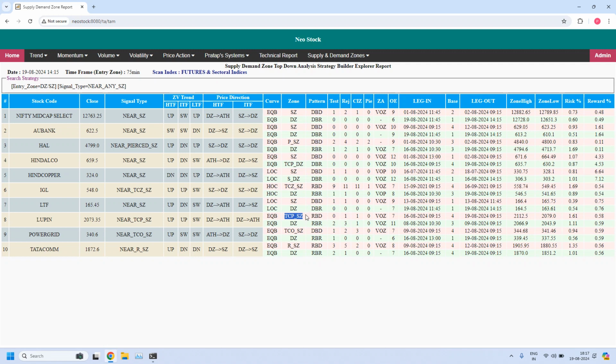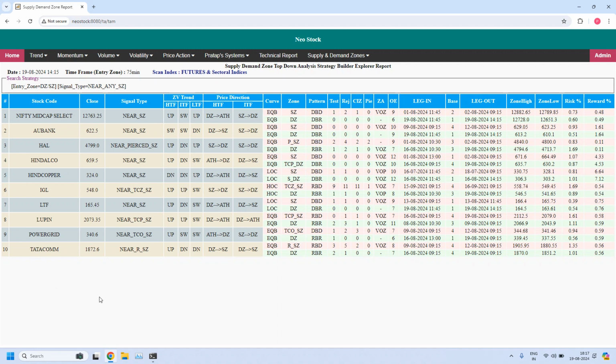So you need to look for a fresh fine-tuned 5-minute zone. Next you have one more, Tata Communication is there. This is also a 75 minutes high liquidity supply zone, already tested 3 times. You need to look for a fresh fine-tuned 5-minute zone. So that means we have identified 2 high liquidity supply zones from the 75 minute supply zones list.